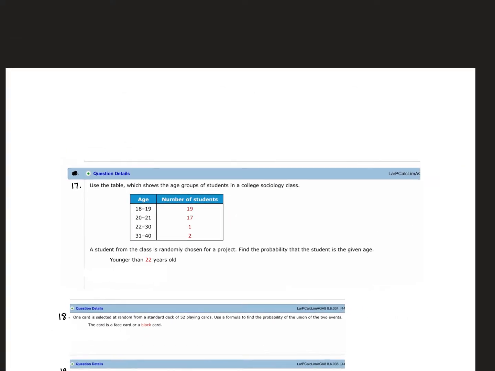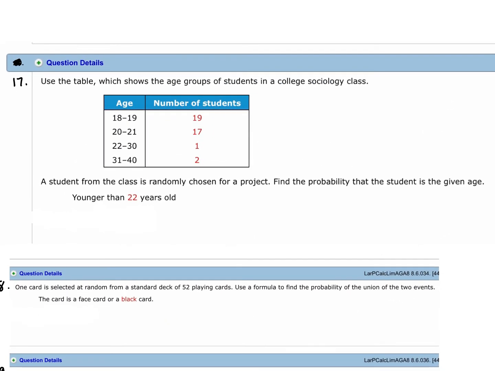17. So use the table which shows the age groups of the students in a college sociology class. A student from the class is randomly chosen for a project. Find the probability that the student is the given age. So younger than 22 years old. So younger than 22 would be the 19 and 17 added together.